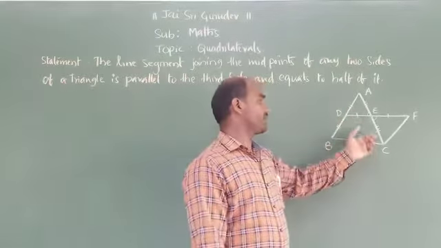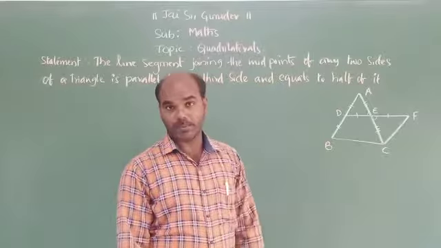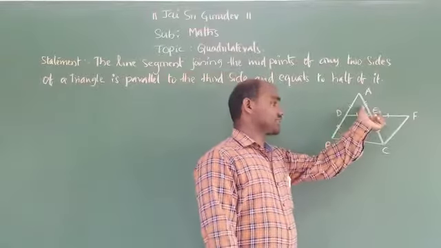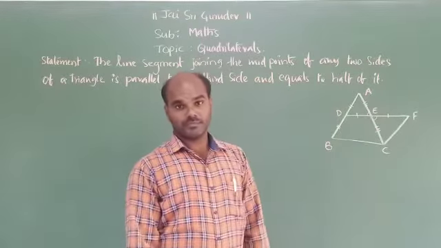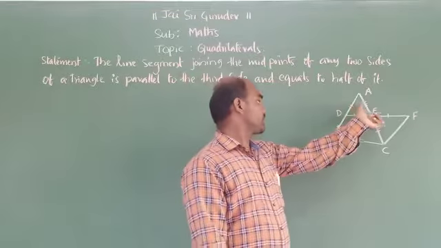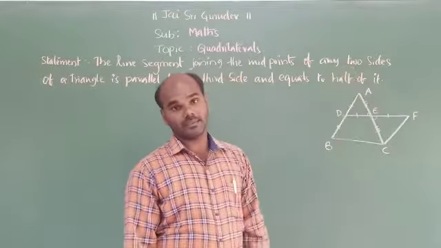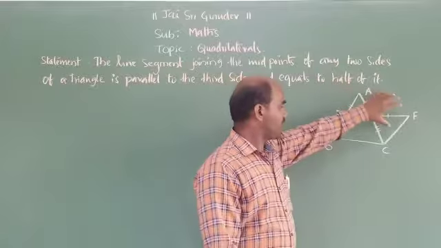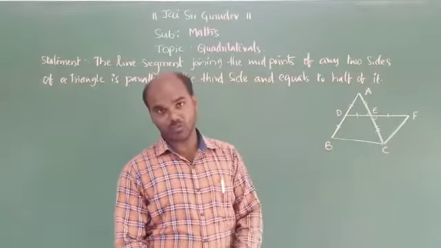While going through the proof, the condition we have to apply is that these two triangles are congruent triangles. We have to prove the two triangles congruent, and by CPCT, this length and CF length will be equal.